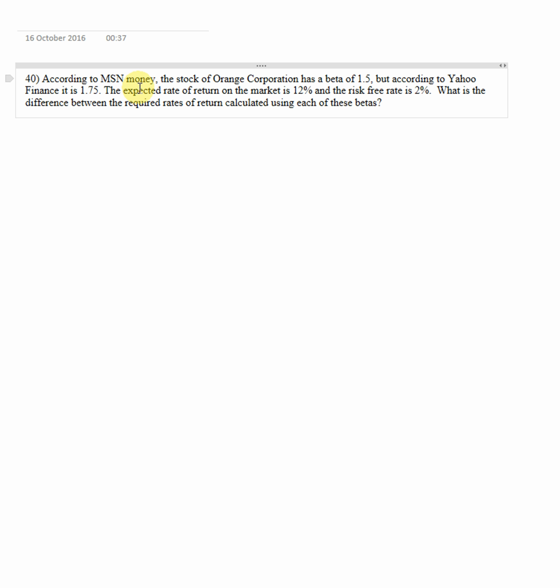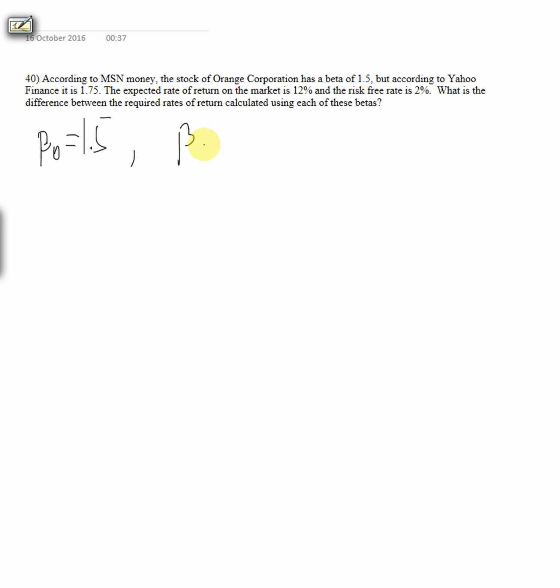So next question now. 40. According to MSN Money, the stock of Orange Corporation has a beta of 1.5, but according to Yahoo Finance it is 1.75. So there are two different betas.